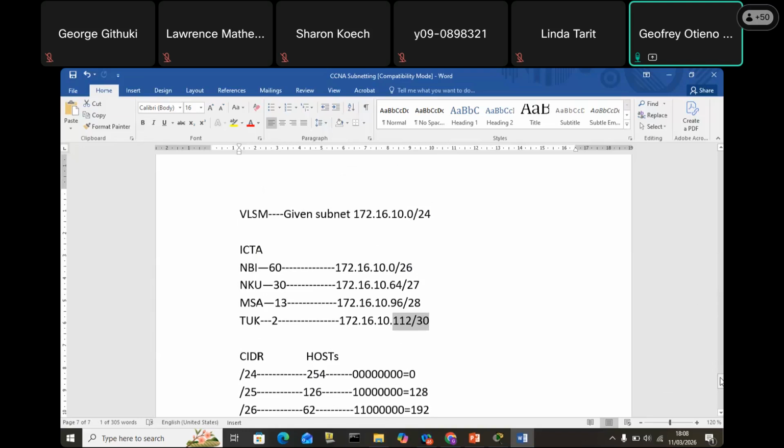Now I wanted us to introduce the next module, which is about IPv6, but I'm really straining. I have a slight headache, so I cannot concentrate much with this device. I need to get some painkillers and relax a bit.